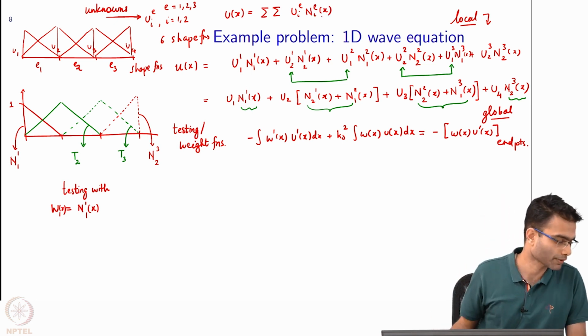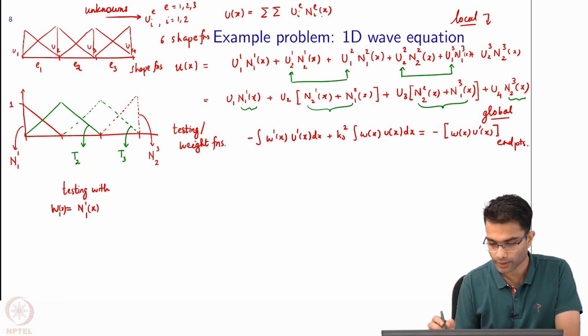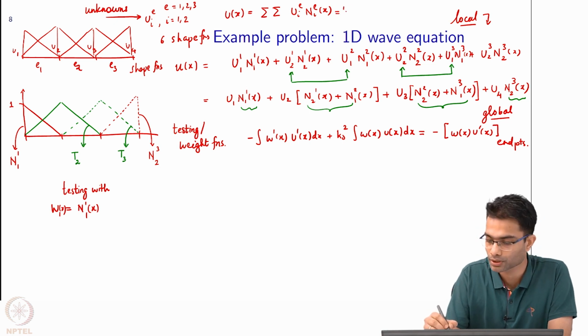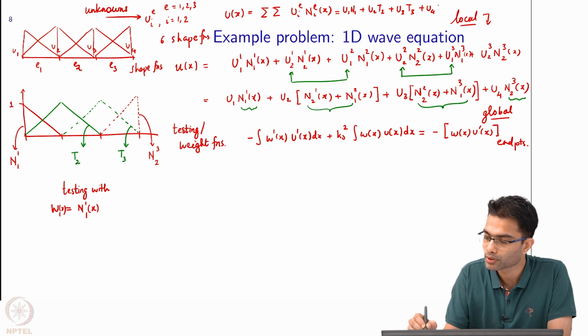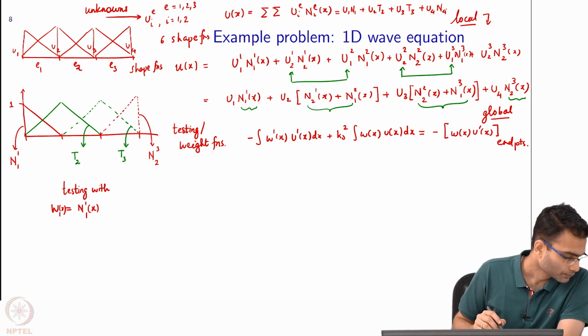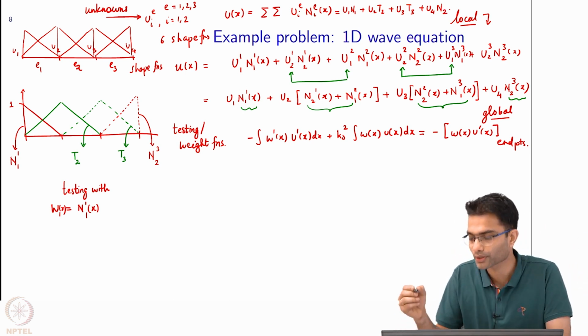That is what I will write it as. And this is also equal to, in very short compact notation, u1 n1 plus u2 n2 plus u3 n3 plus u4 n4. Fine, we will just call it n1 and n2 and so on.